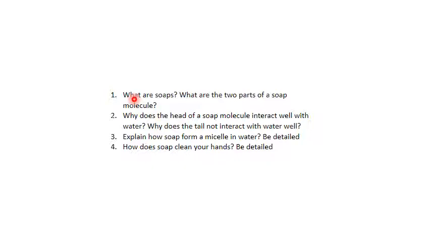When it does that, it makes a fatty acid molecule charged on one end, polar, and non-polar on the other end. So we say the head is polar, the COO, and the tail is non-polar. Why does the head of the soap molecule interact with water? Because they're both polar. Why does the tail not interact with water? Because it's non-polar.